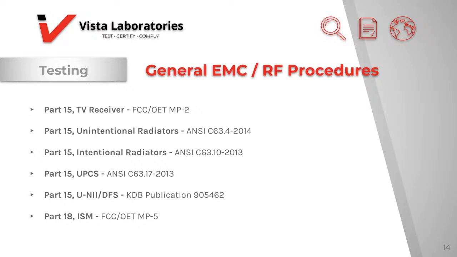For UNII and DFS measurements, we follow the FCC released publication 905462 for unlicensed National Information Infrastructure devices operating in the 5 GHz band, 5,250 MHz to 5,350 and 5,470 MHz to 5,725 MHz bands incorporating dynamic frequency selection.